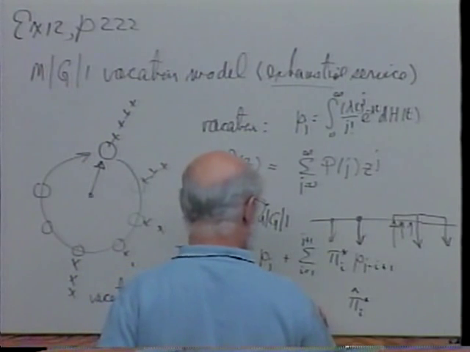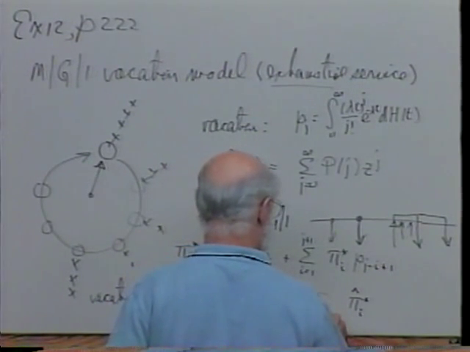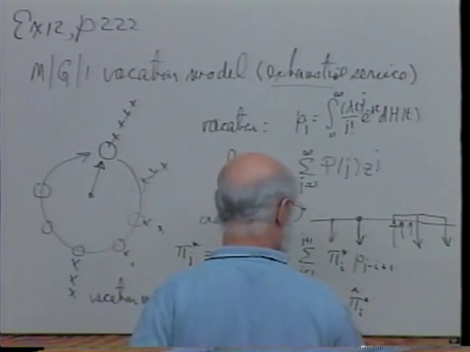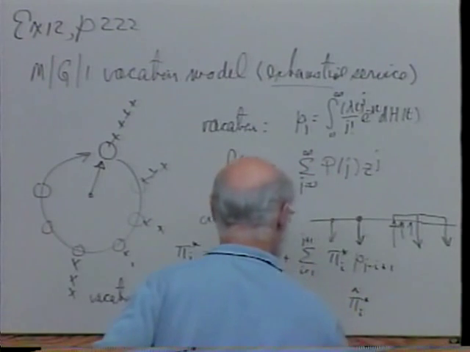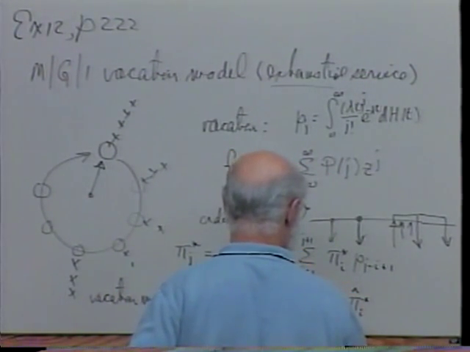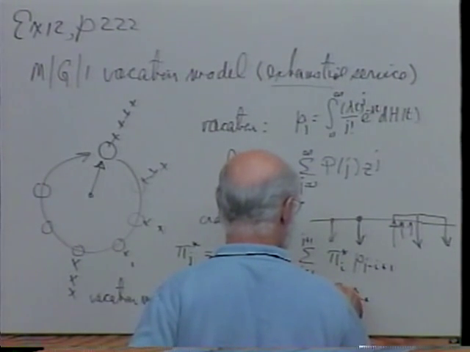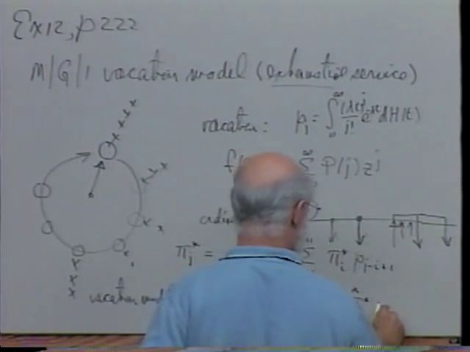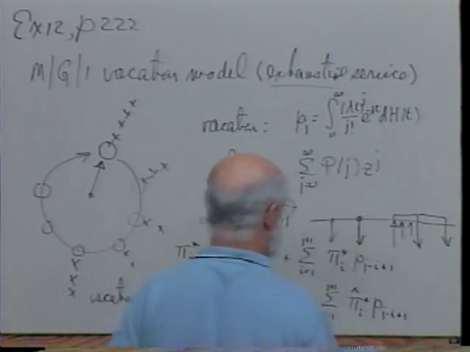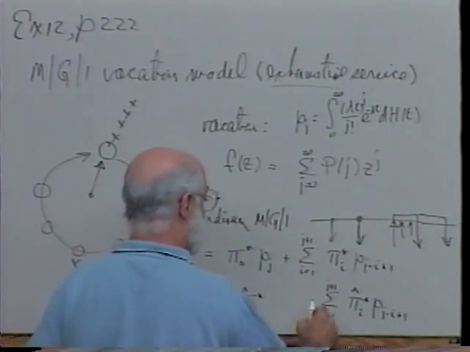So this is going to be the sum as I runs from 1 to j plus 1 of pi I star p j minus I plus 1. It's exactly the same term as before.